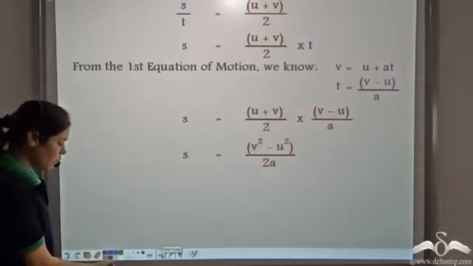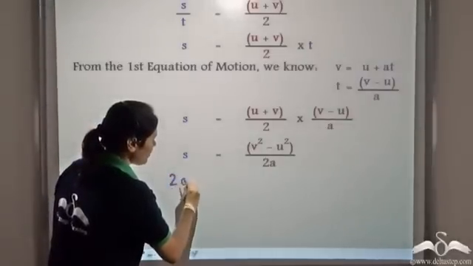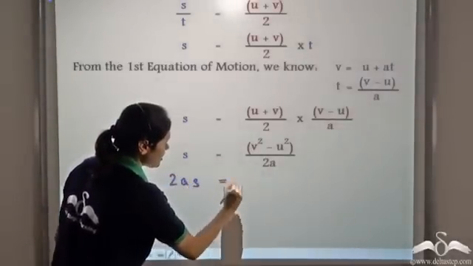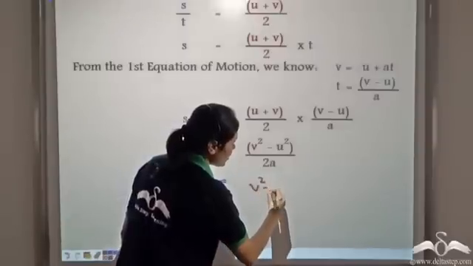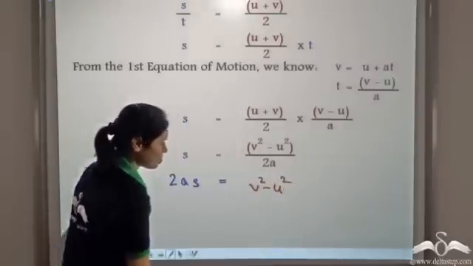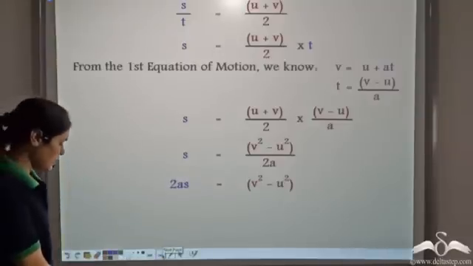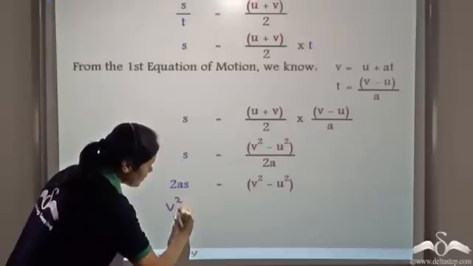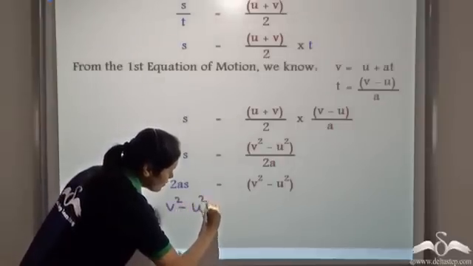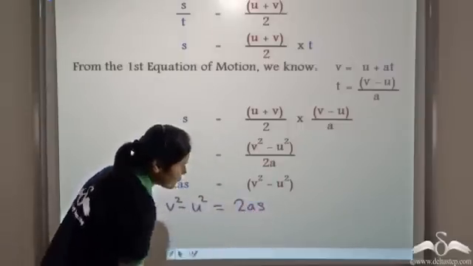So, we can multiply both sides by 2a. Multiplying by 2a, we get 2as is equal to v square minus u square. And we can write it as v square minus u square is equal to 2as.